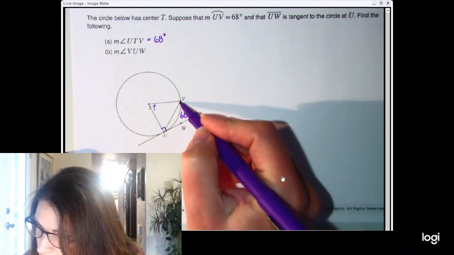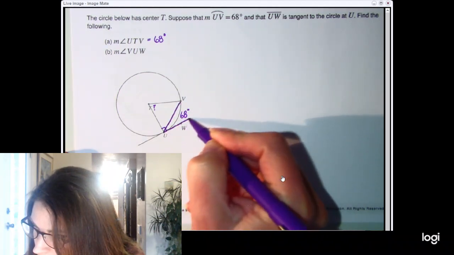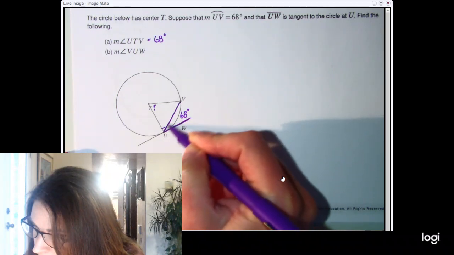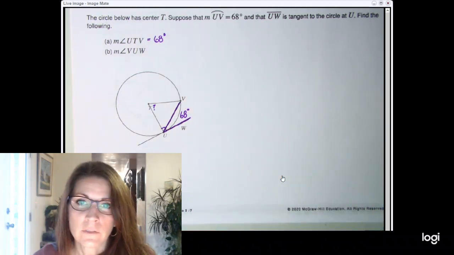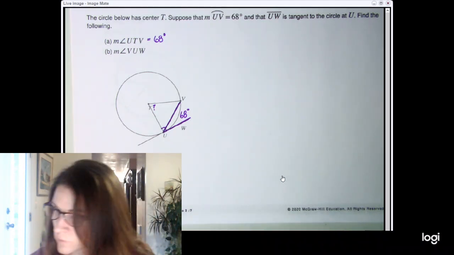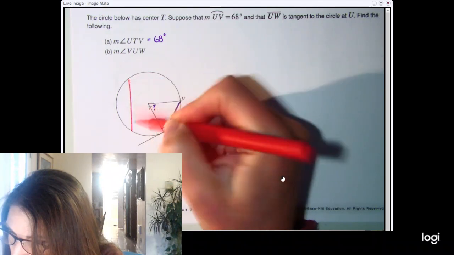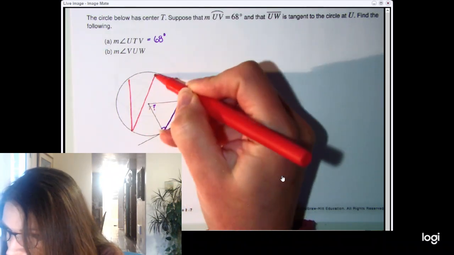This happens to be an inscribed angle. And that's something I want to point out to you. We are used to seeing an inscribed angle. So far we've worked with it like maybe it would sit on the edge of the circle, right?